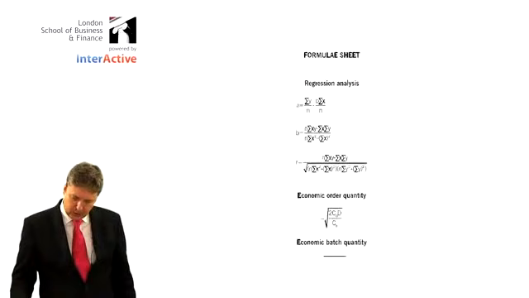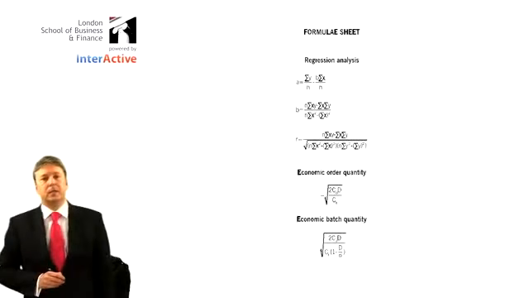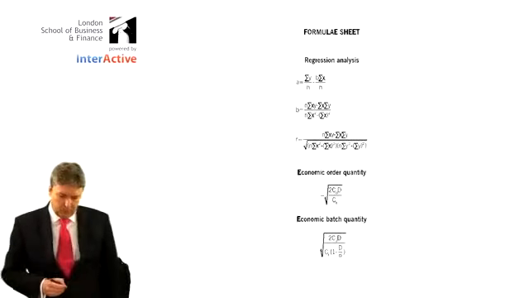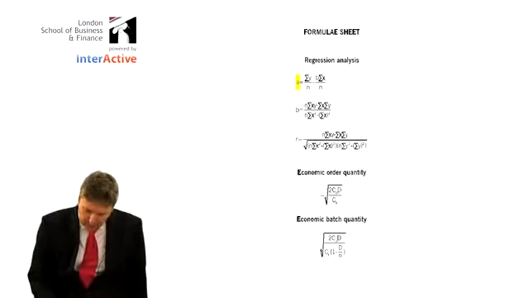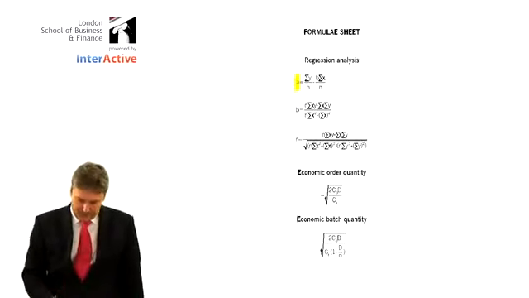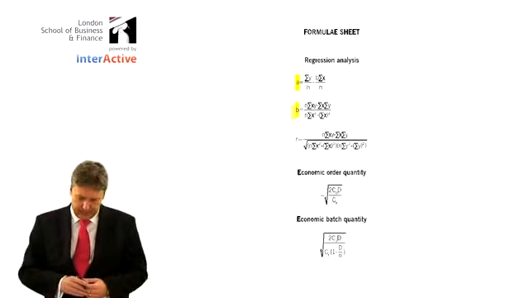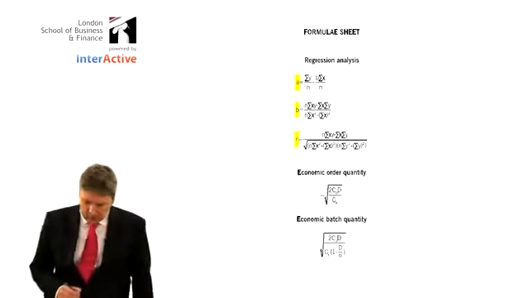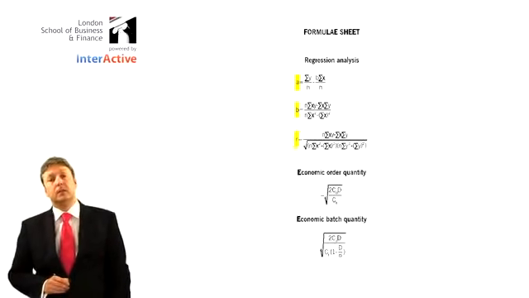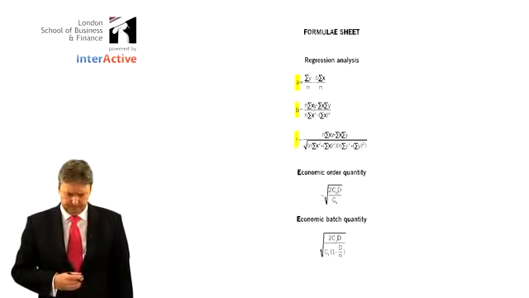At the end of the questions, you have a formulae sheet. And when we look at the formulae sheet, we have a regression analysis formula for A and a regression analysis formula for B. Fantastic. We're also given a correlation coefficient formula that gives us a value R.